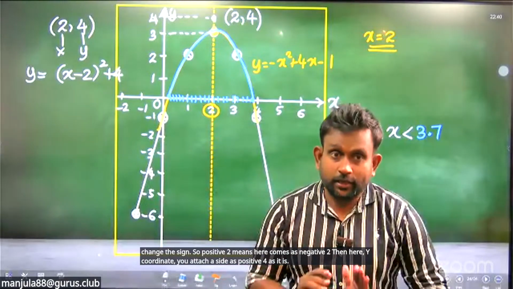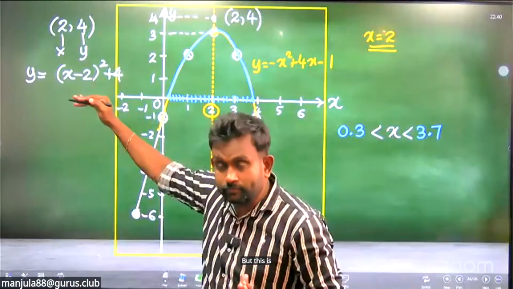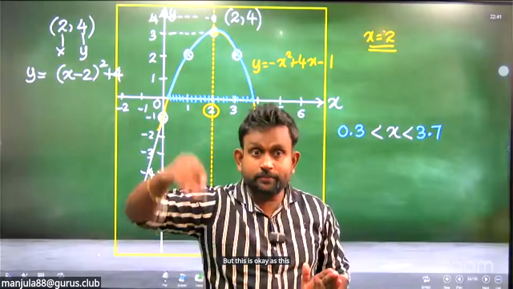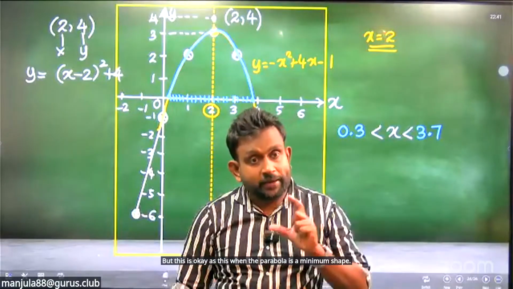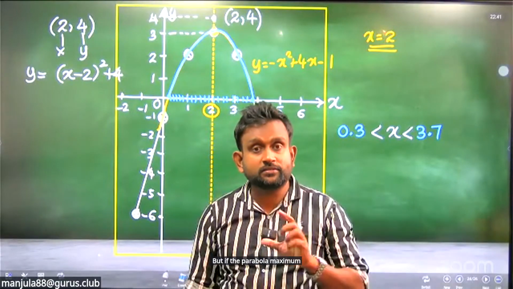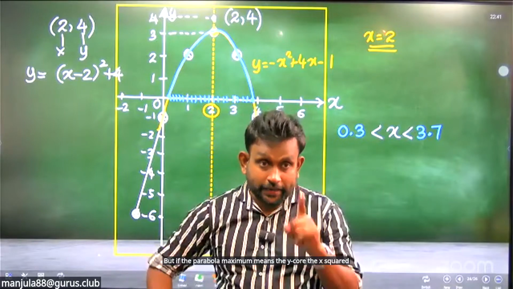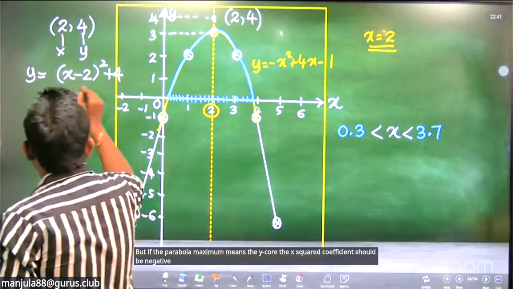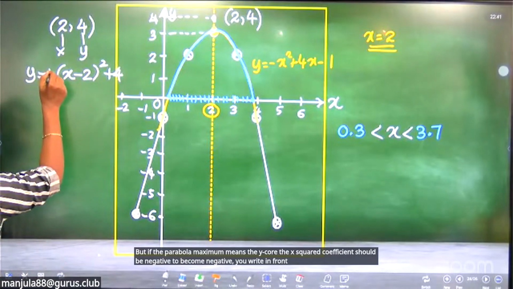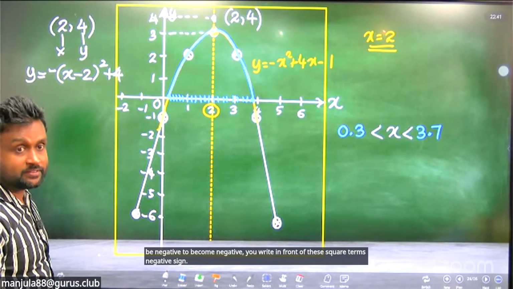This is okay when the parabola has a minimum shape. But if the parabola has a maximum, the x squared coefficient should be negative. To become negative, you write a negative sign in front of the square term.